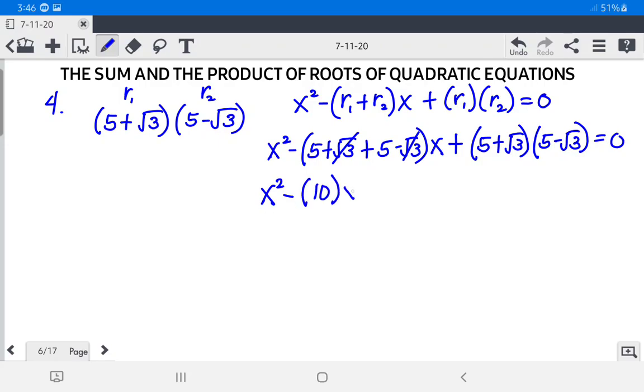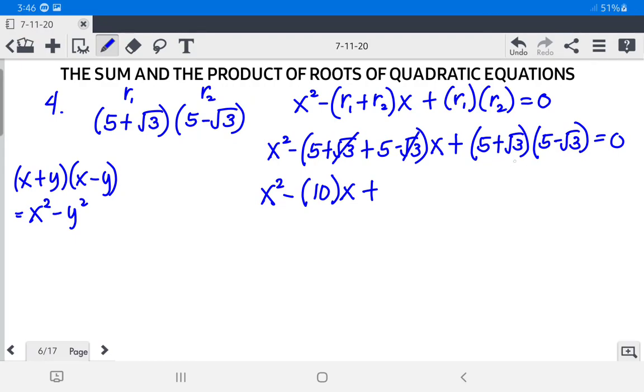Then plus, we have sum and difference of two terms. We all know the concept that if we have x plus y and then x minus y, to get the product, you square the first term minus the square of the last term. So our first term here is 5, second term is square root of 3.